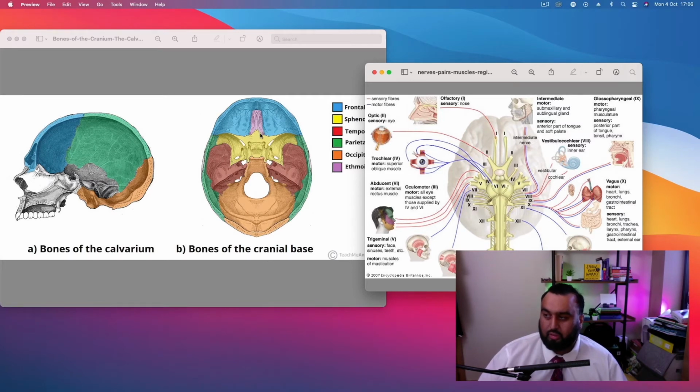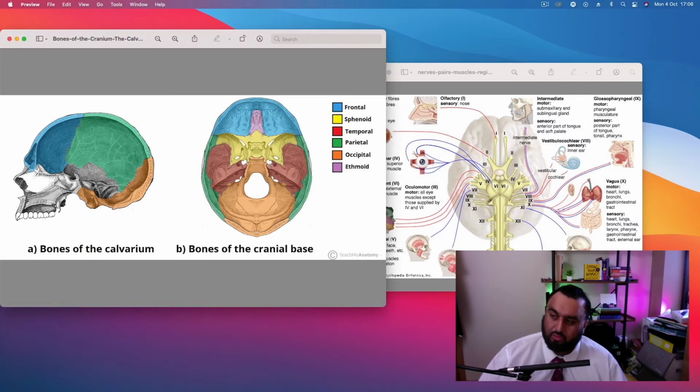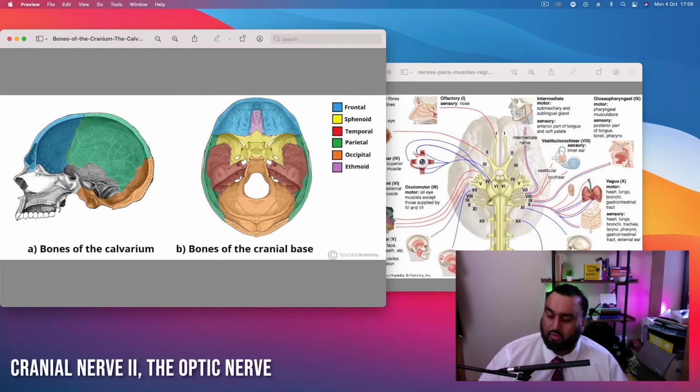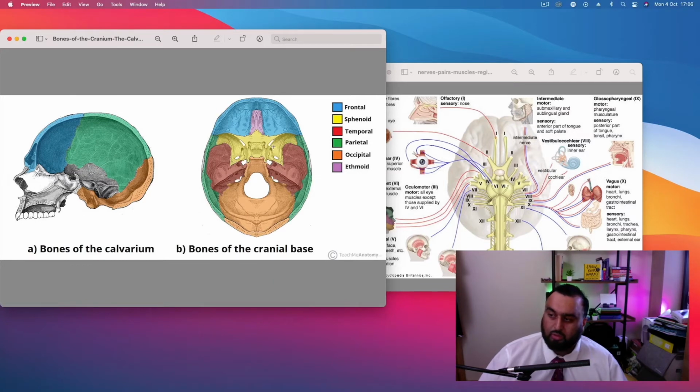Now, these cranial nerves, as they're numbered posteriorly, they kind of follow a pattern that goes through all these little orifices and structures. So the second one here, the optic nerve, cranial nerve number 2, goes to the so-called optic canal here. So the optic nerve goes to the optic canal. It relays information from the retina back from the eyeball.